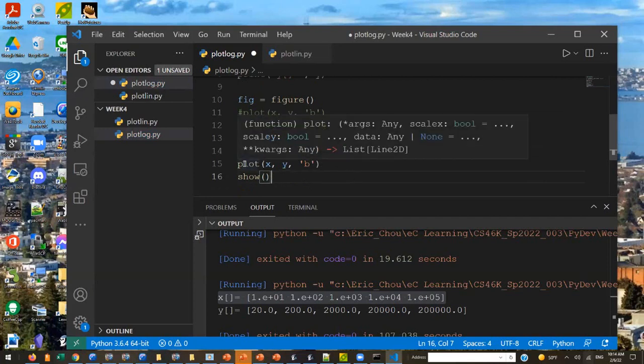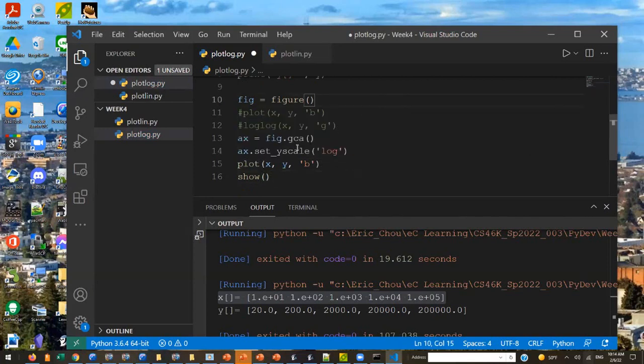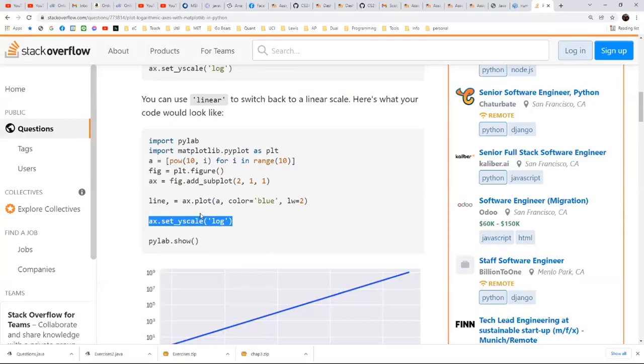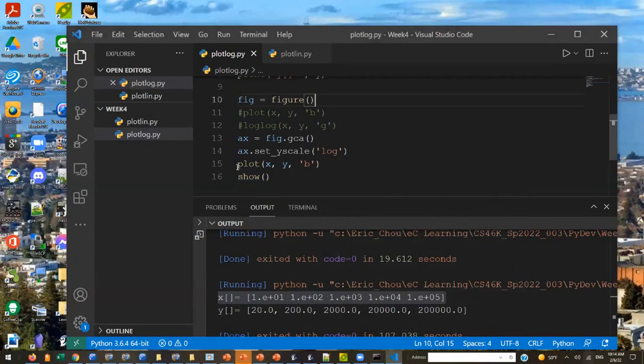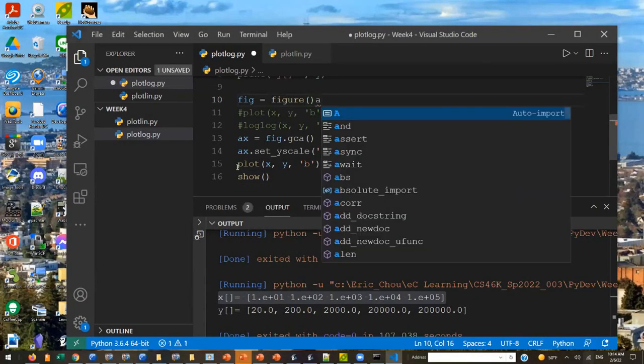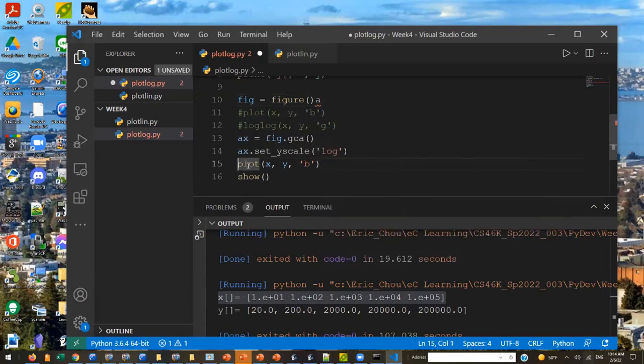So here we do plot. Let's see. Okay, let's actually try axis.